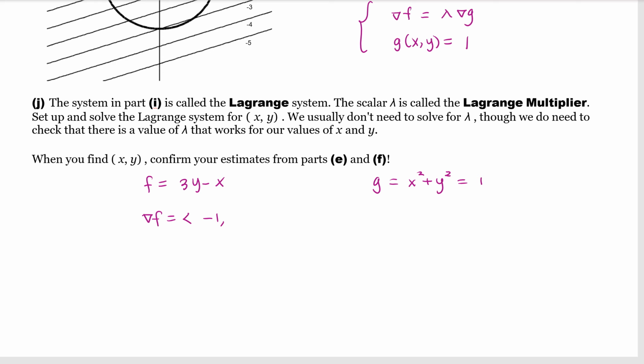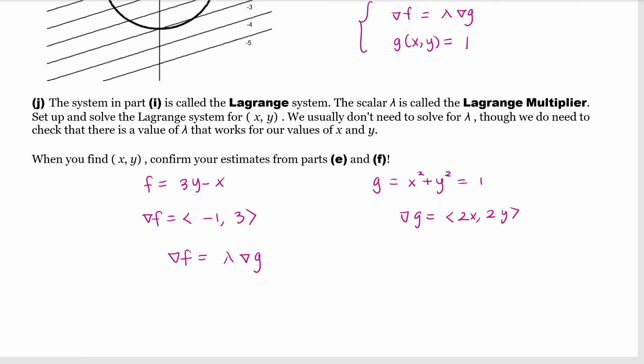Derivative with respect to y is 3, right? Okay, let's continue. So gradient of g: derivative with respect to x is 2x, derivative with respect to y is 2y. Okay, so we have gradient of f equals lambda times gradient of g.